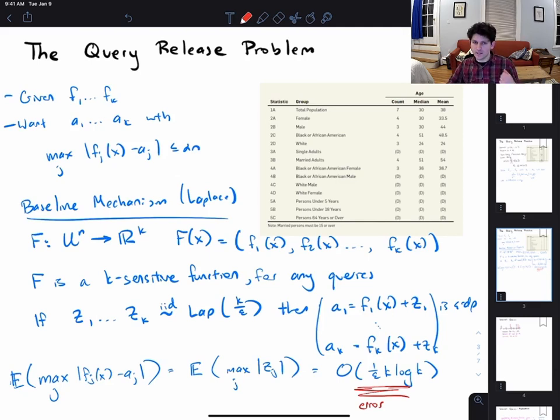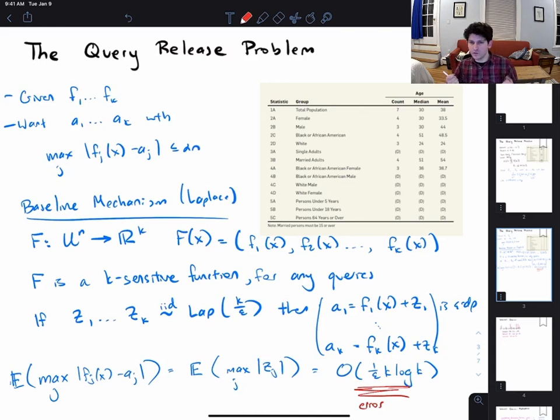And we're going to see lots of ways to do better a little later on in the course. But what we're going to focus on for now is just one special case of this problem where we can use more structure of the queries to try to do better. We're going to come back to query release as a general problem.